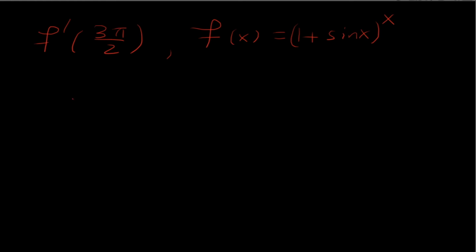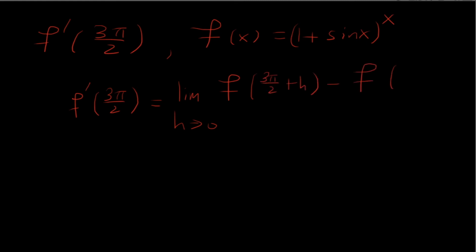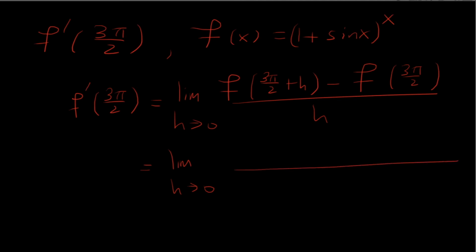So the derivative using the limit definition is the limit as h approaches 0 of f of 3 pi over 2 plus h, since the x we chose is 3 pi over 2, minus f of 3 pi over 2, all over h. So I'm just going to plug in 3 pi over 2 plus h into f of x.